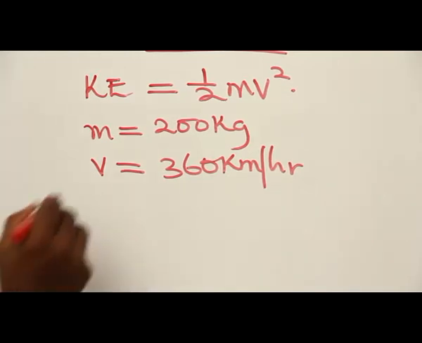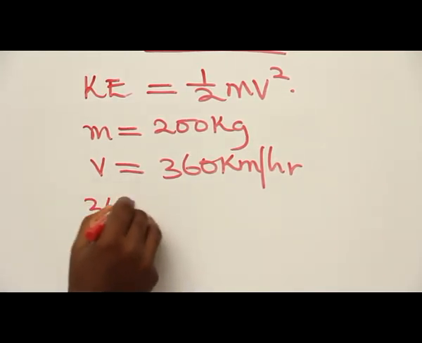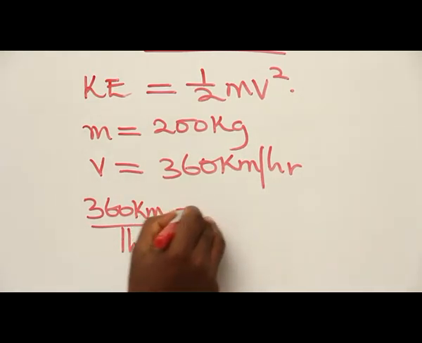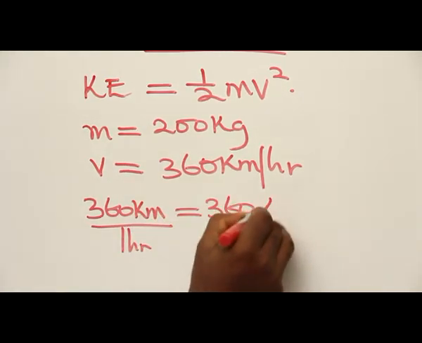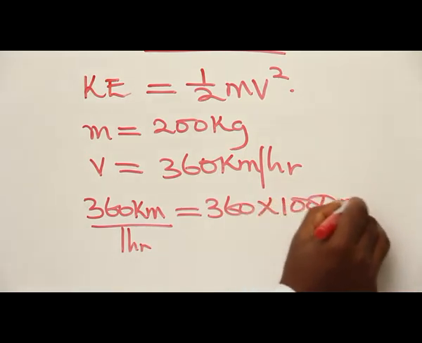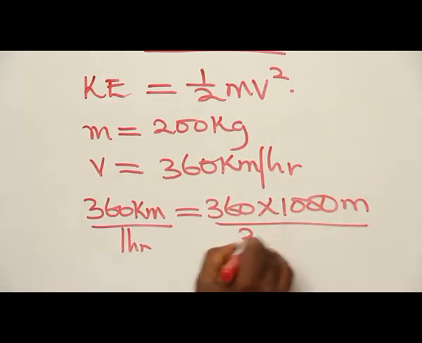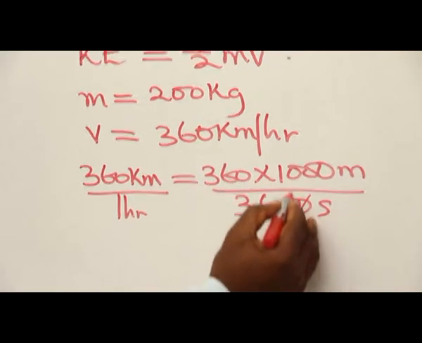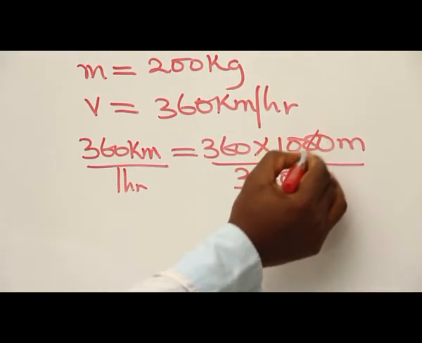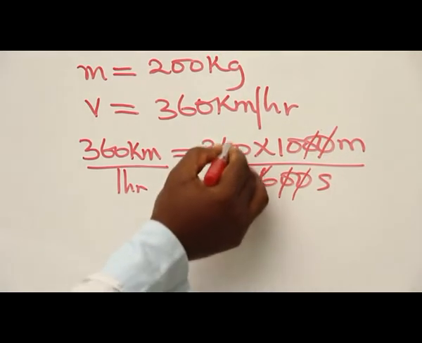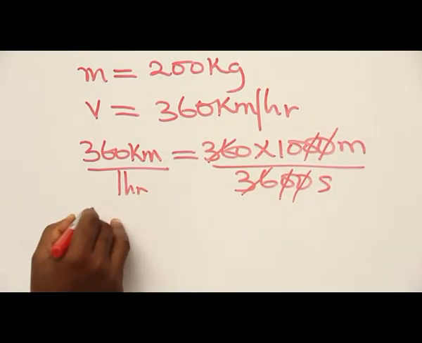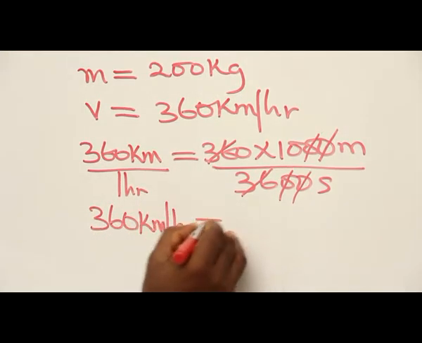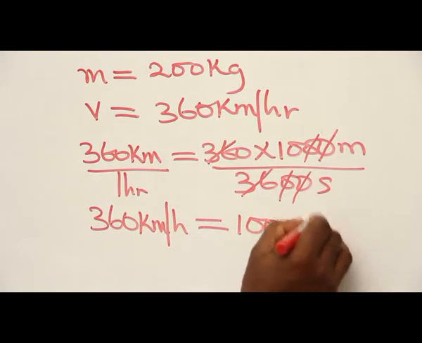So to effect this change, 360 kilometer divided by 1 hour is the same thing as 360 times 1000 meter divided by 3600 seconds. The zeros cancel, and 36 cancels. So 360 kilometer per hour is the same thing as 100 meter per second.